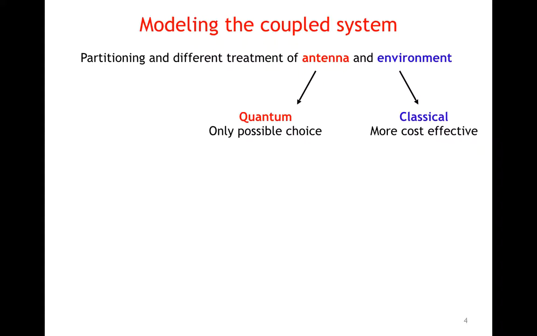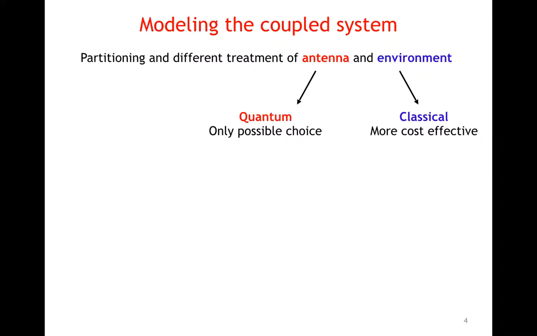So what is possible to do at the computational level to provide an accurate description of such a complex system? Usually what has been done for many years is to provide a partitioning of the full system and give a different treatment to the antenna and to the environment.